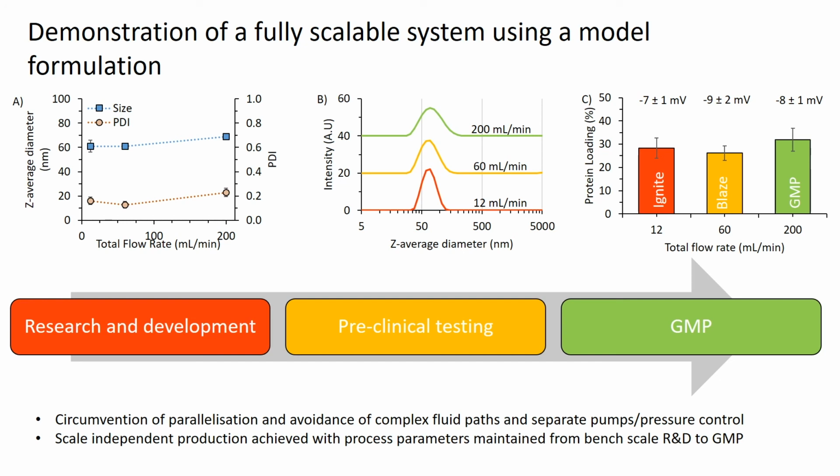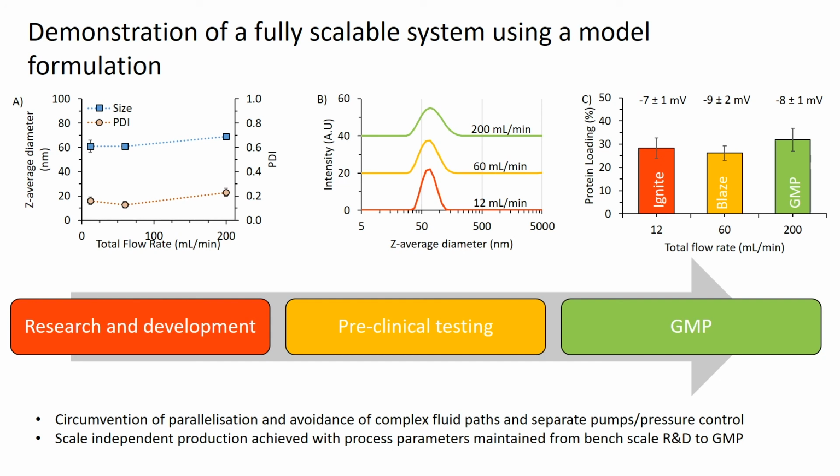And as you can see, regardless of what piece of equipment I used, I was able to maintain the size and the PDI, and also using the GMP system, ensure that I was able to meet the volumes or the protein loading that I'd been expecting from my basic R&D research as well.